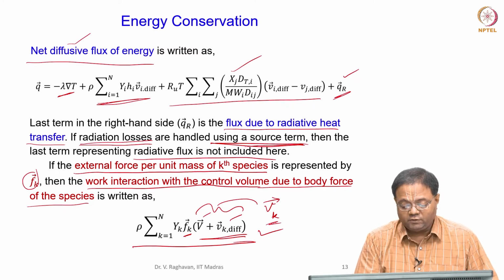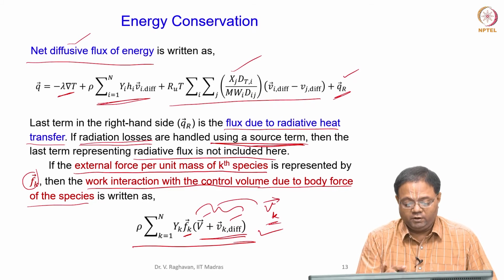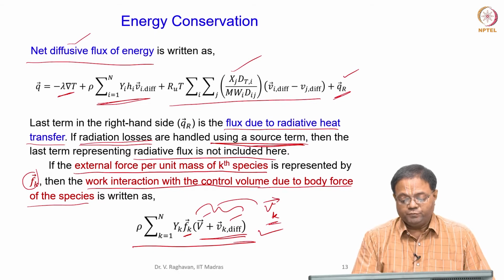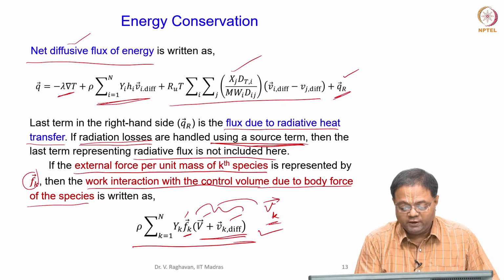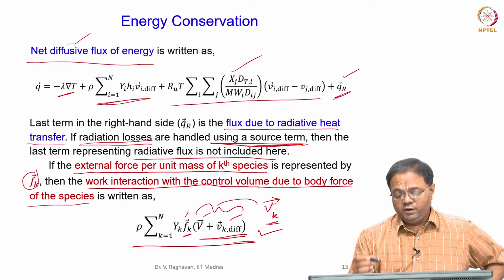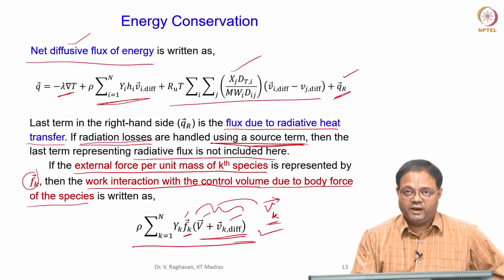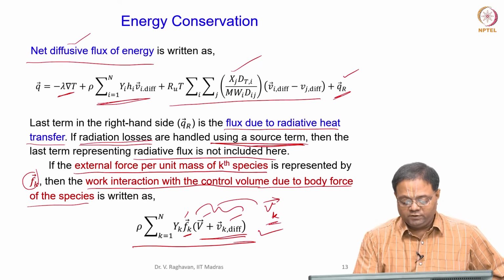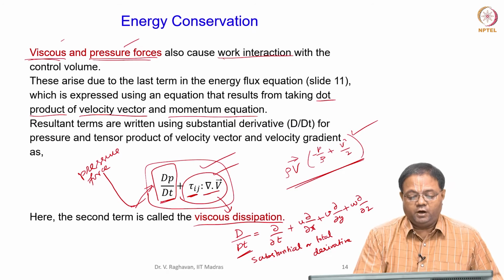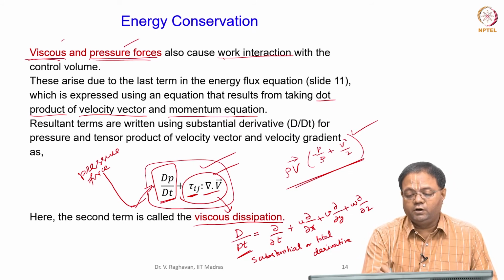Fk is the external force of unit mass, and into the mass flux will give you the body force generated by the species k, and that summed up for all the species will contribute to the work interaction. Similarly, the viscous and pressure forces will cause work interaction.